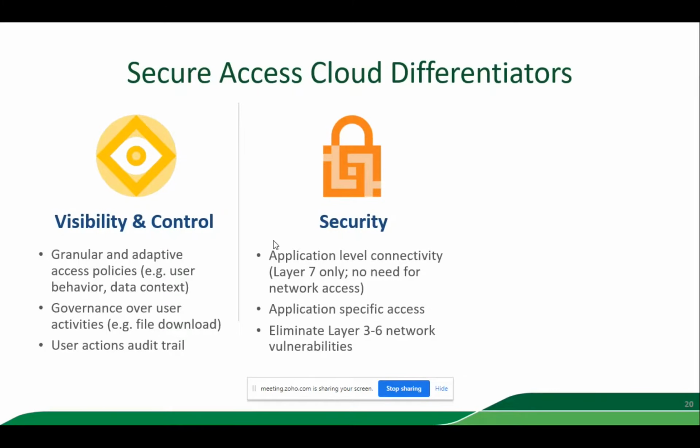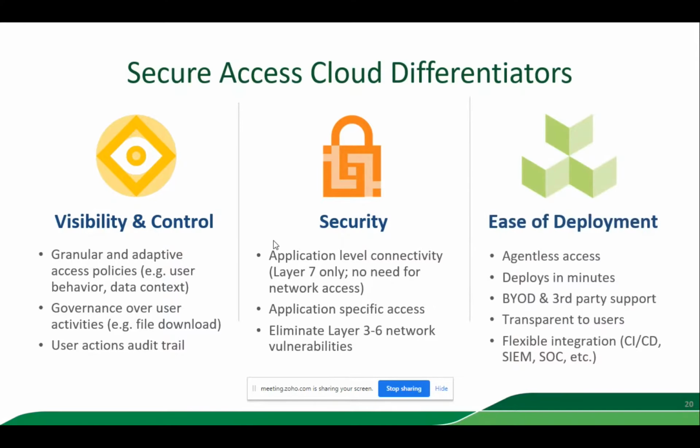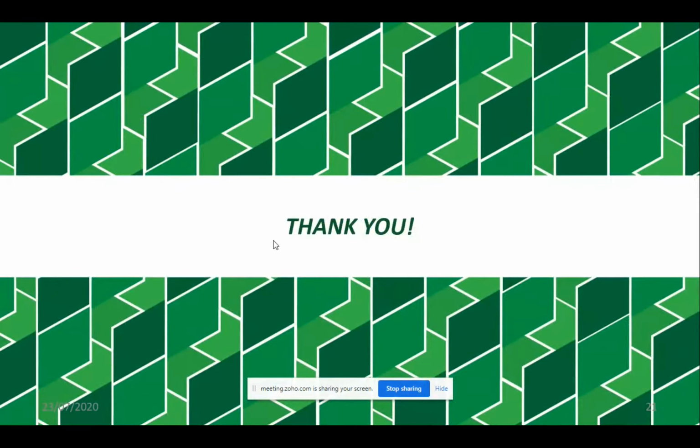You're given application-specific access, and you eliminate layer 3 to 6 vulnerabilities. It is easy to deploy because it is agentless. You can deploy it in minutes. It integrates with bring your own devices and your third-party applications, and it is transparent to your users. You can also, using the ICDX platform, integrate with your SOC solution, SIEM solutions, and other solutions that you use for forensics.